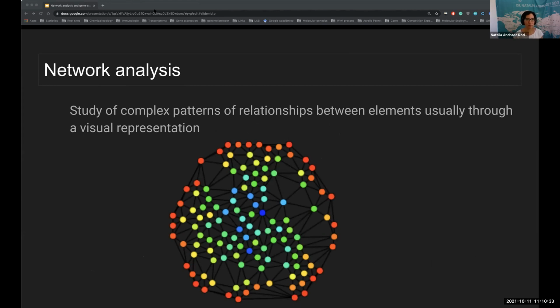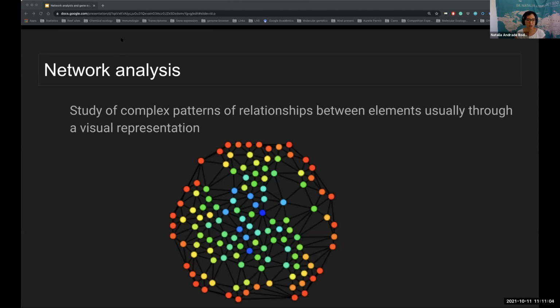You have some elements that you assume you can put together in a network, which means they have relationships between each other. Then you use this network that you built to get information about how these elements work. So network analysis is the study of these graphs.